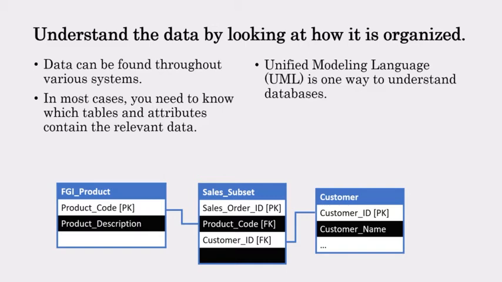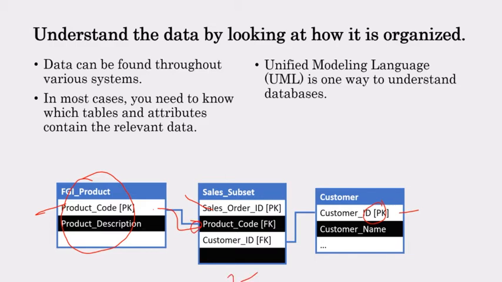The first table's primary key is the product code, the second table's primary key is the sales order ID, and the third table's primary key is the customer ID. PK means primary key. The product code, the primary key of the first table, is the foreign key of the second table.